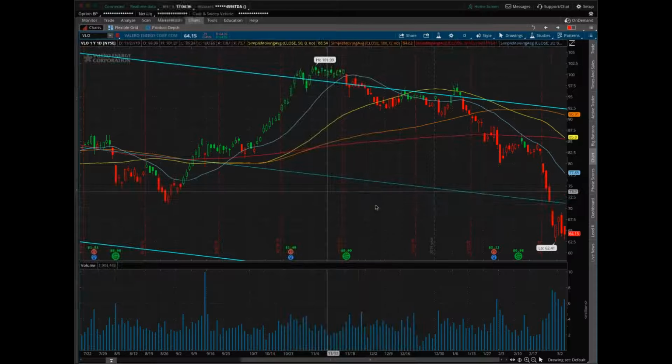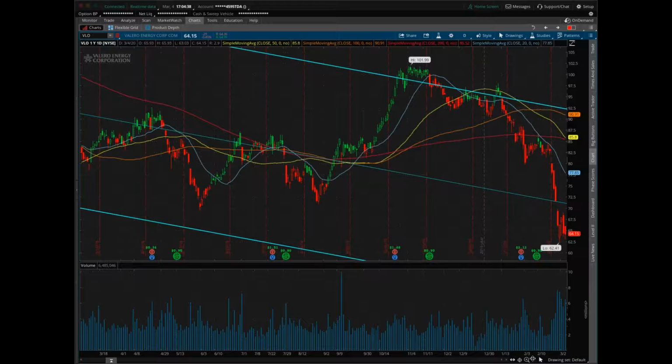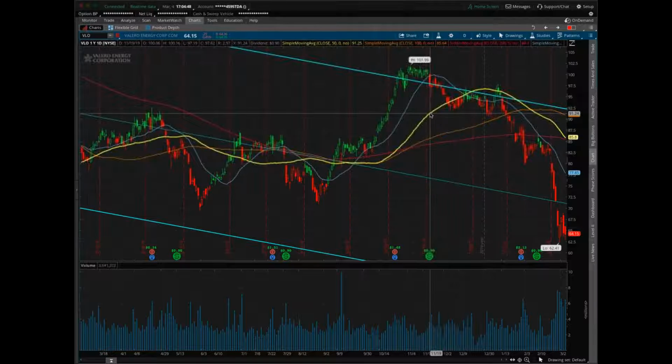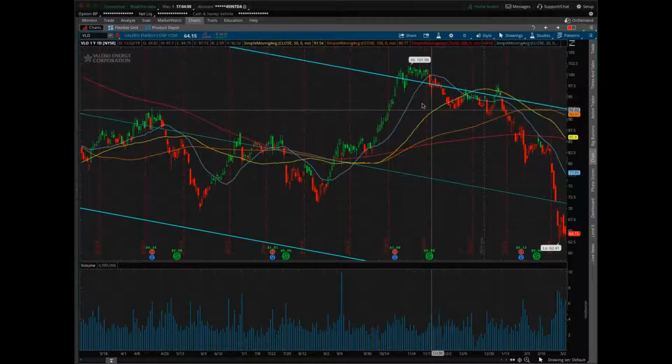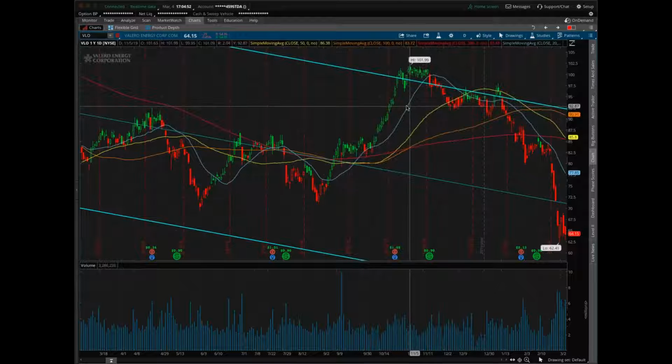All right, so now your stock chart is going to look like this. So now you have your 200-day, which is red, your orange, which is 100-day, your yellow, which is 50-day, and your blue, which is a 20-day.